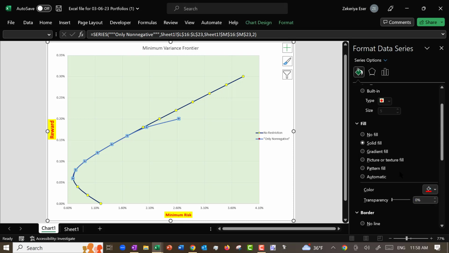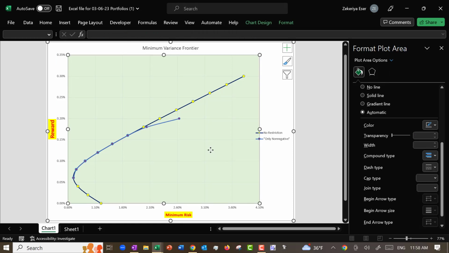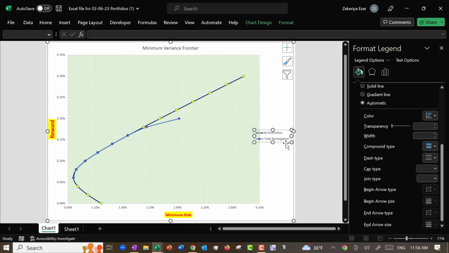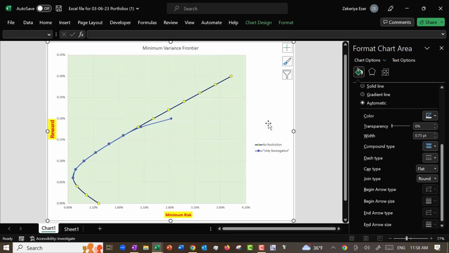I should be able to make that bigger, I think. I'm not sure. Anyway. It may be better to move that legend to bottom, but we'll worry about that later.